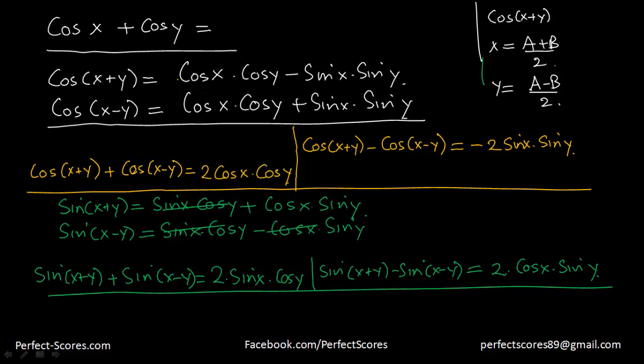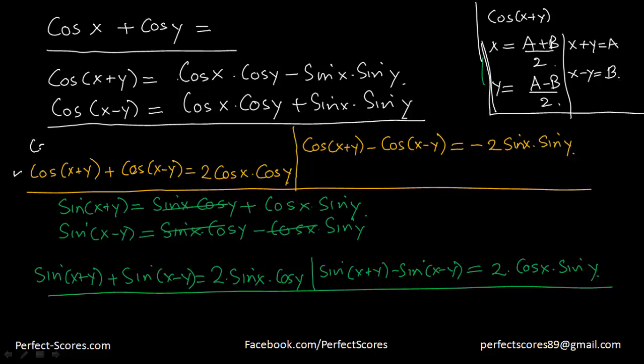Now if I substitute that here, it's very important to know that if this is true, then x plus y will be equal to (a plus b) by 2 plus (a minus b) by 2. That will result in a, and x minus y will be equal to b, right? If you do a little bit of mathematical calculation, x plus y would be (a plus b plus a minus b) divided by 2, so 2a by 2, which is a, and x minus y would be equal to b.